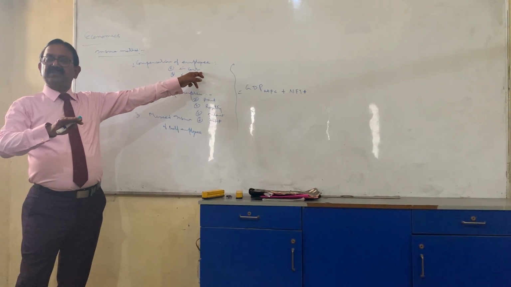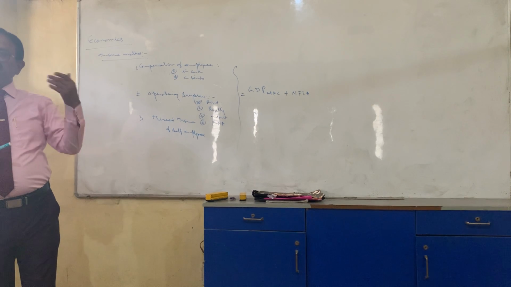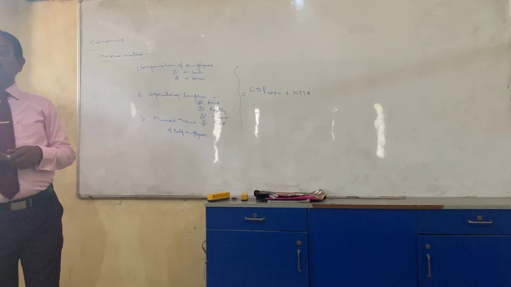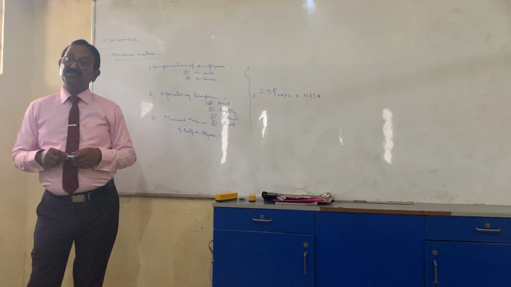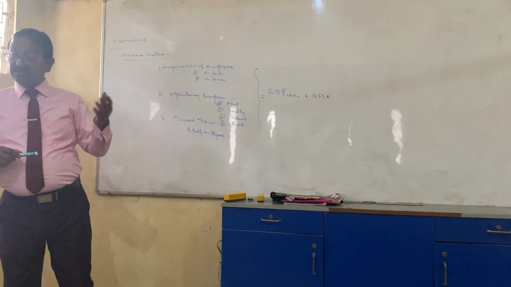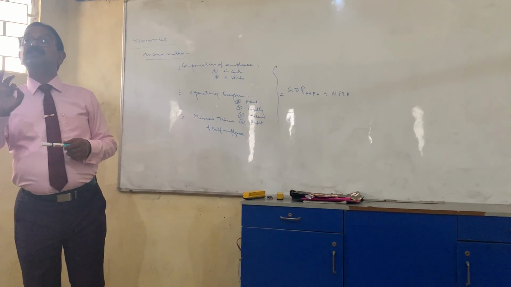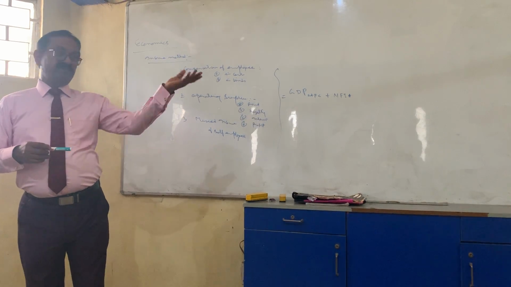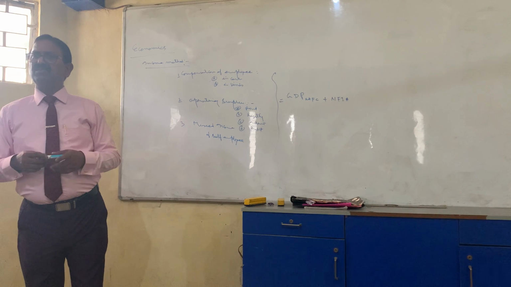And something the company gives in kind also to its employees. Maybe a free car, a free house, like all the teachers who work in RPS get a house free of cost. All of you know. This is also included in salary, and it is called perquisite. Principals are getting a car that belongs to the school.